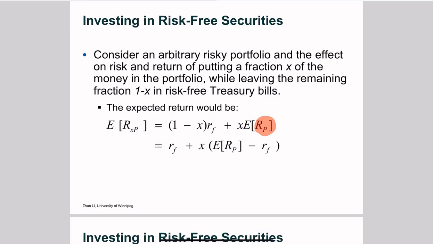So let me write this down. You could consider this as an all-stock portfolio. And RF, this is a risk-free asset. So now you could invest your money into both this all-stock portfolio and this risk-free asset.